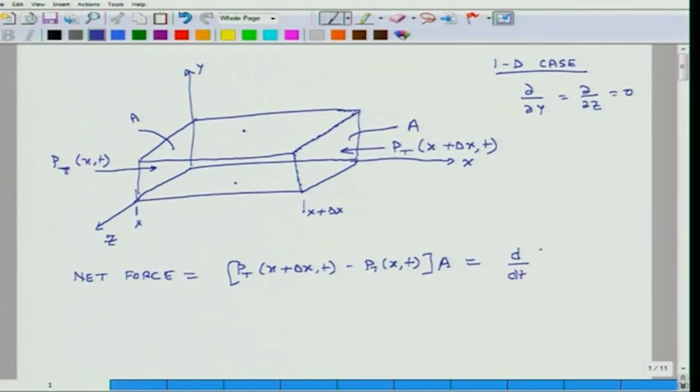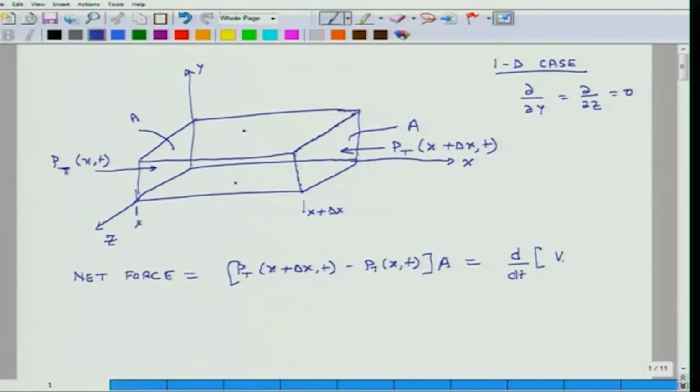So I do a d over dt, and the mass of this fluid is basically volume Vt times density rho t. That's volume times density is mass, and then I multiply it by velocity u at x and t.